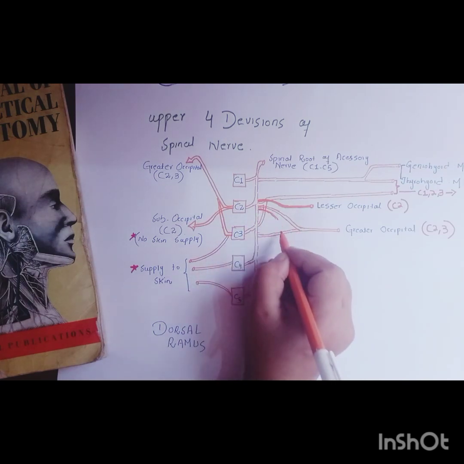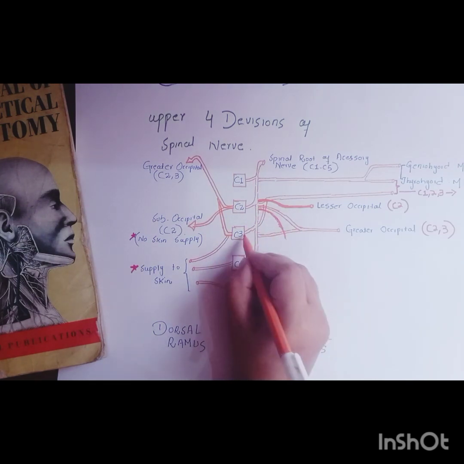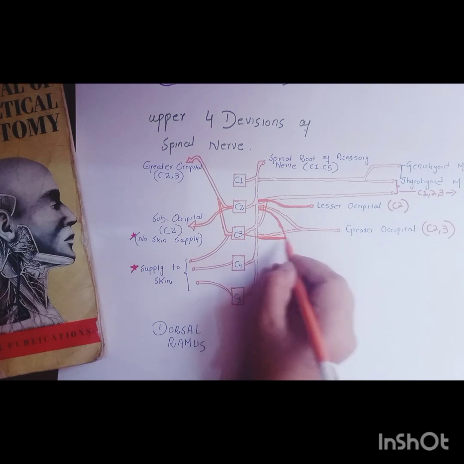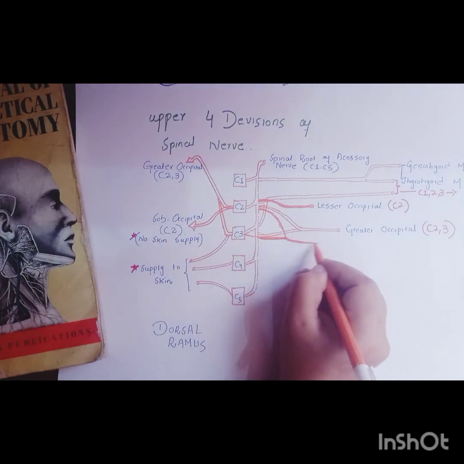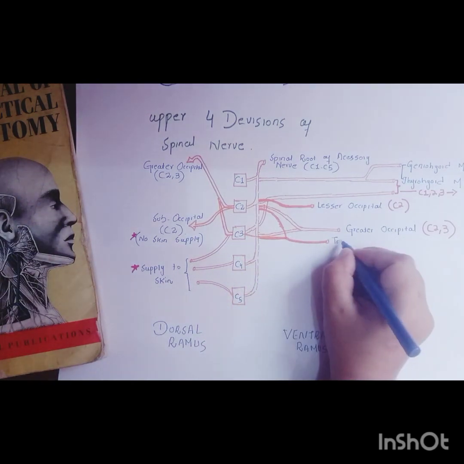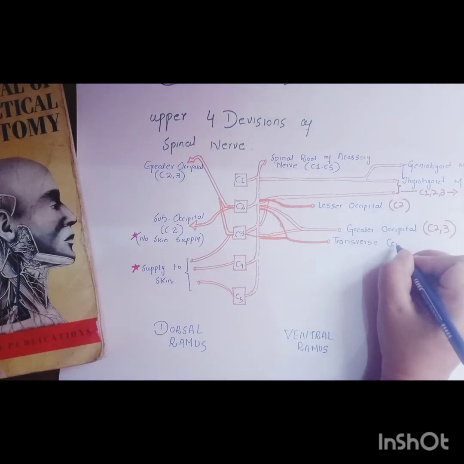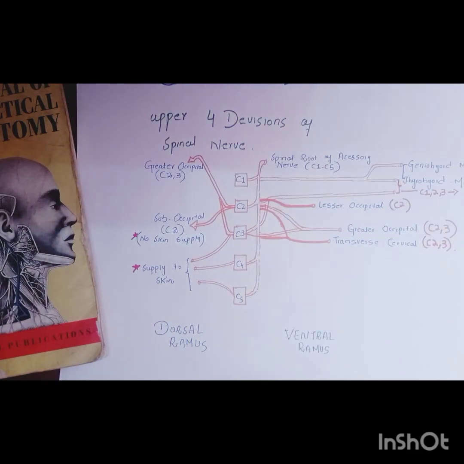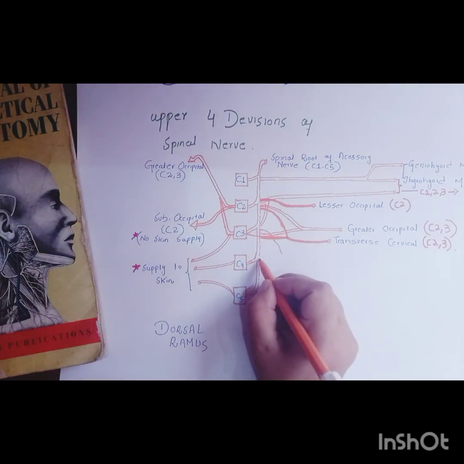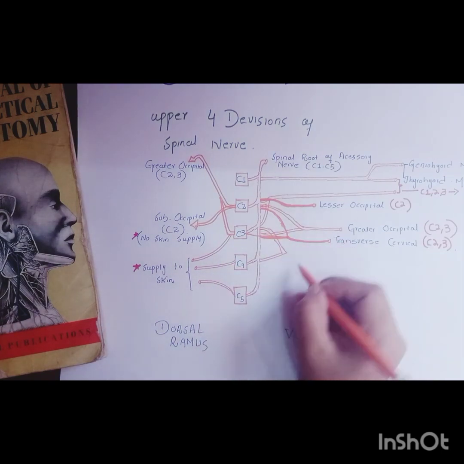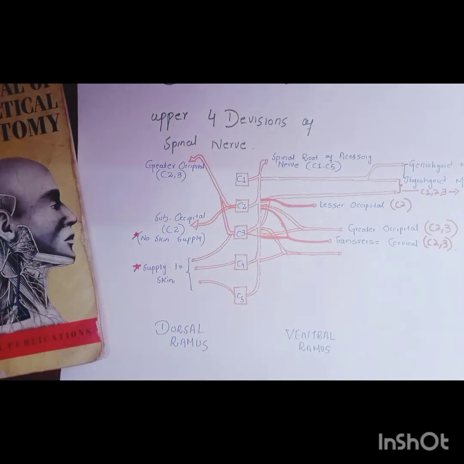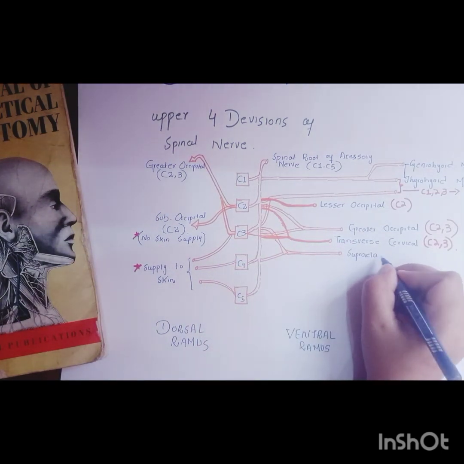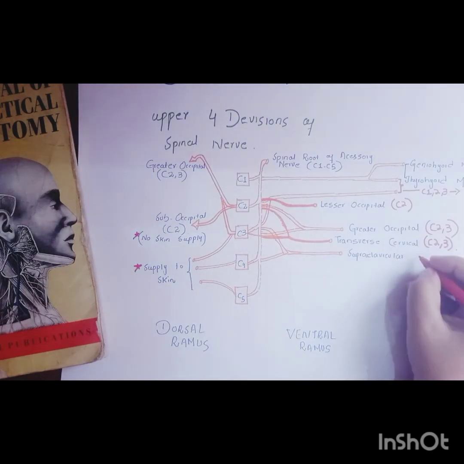And the next nerve of the ventral ramus of the cervical plexus arises from C2 and C3, and it is known as the transverse cervical. Another branch of the ventral ramus arises from C3 and C4, known as the supraclavicular branch.